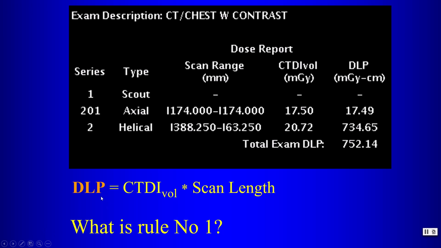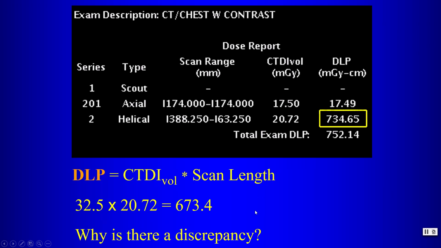So DLP is the CTDIvol times the scan length, and my rule number one here is trust no one. If you actually do the math here, you find out that there is a little bit of something that is off. So if the DLP is CTDIvol times the scan length, and we go over here and look at our units, the CTDIvol in this case, which is 20.72, times the scan length.